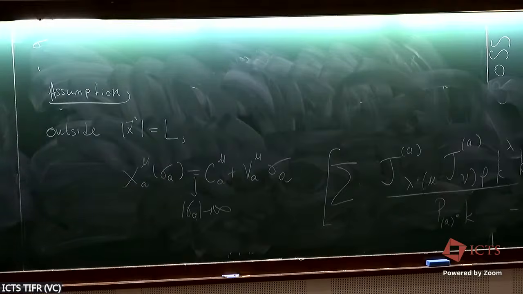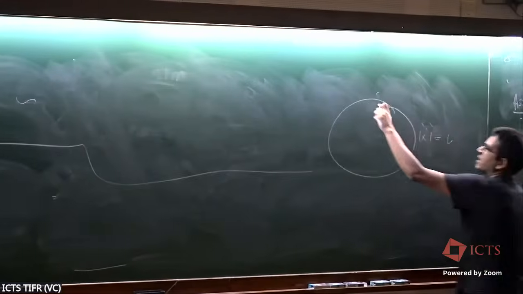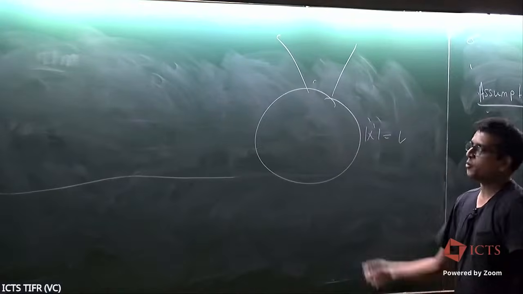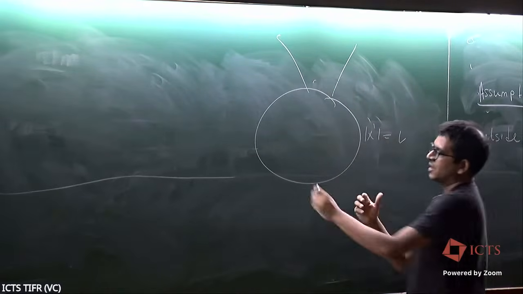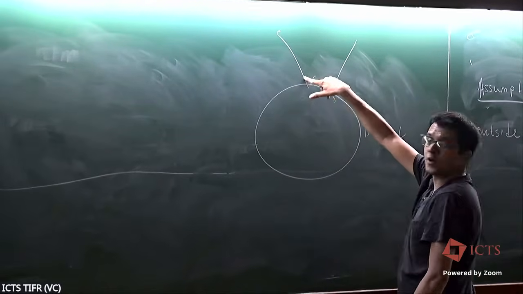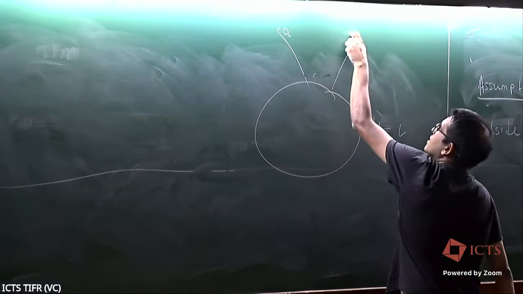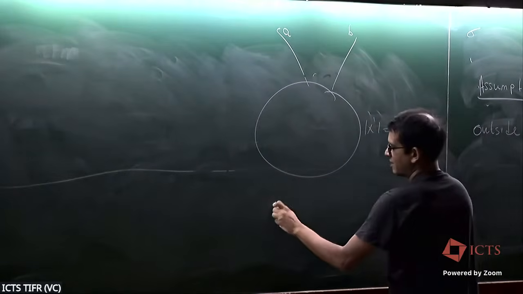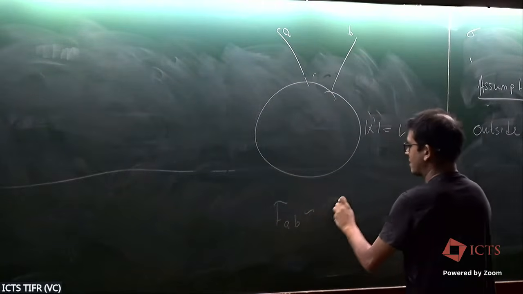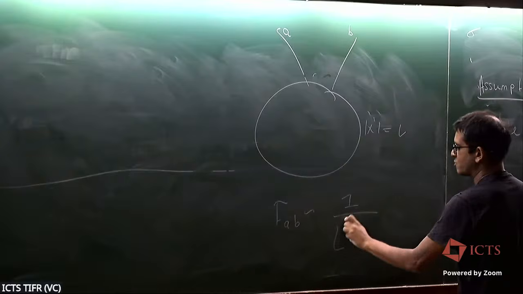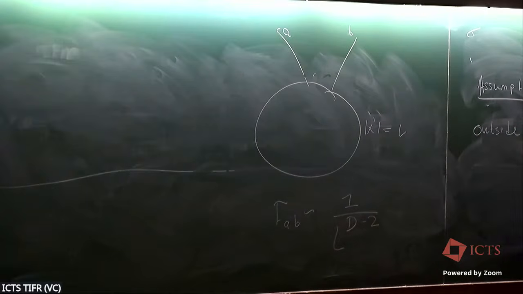And let's see how it goes. This is my picture, this is mod x prime equal to L, and I have some particles which are moving out like this. You notice that the force between these particles, say particle A and particle B, and I'm writing this schematically, will scale as 1 over L to the d minus 2, because they are at least distance L away.